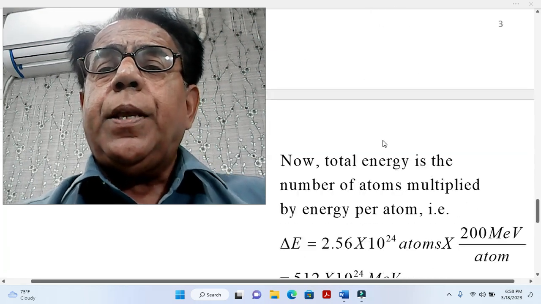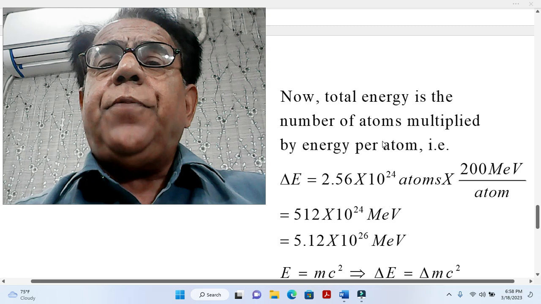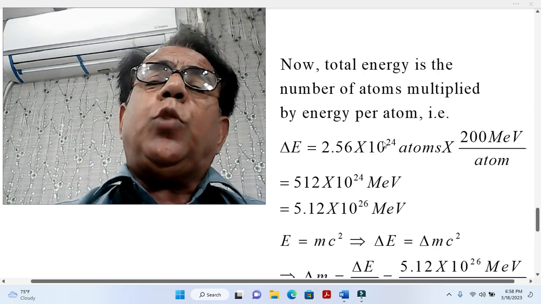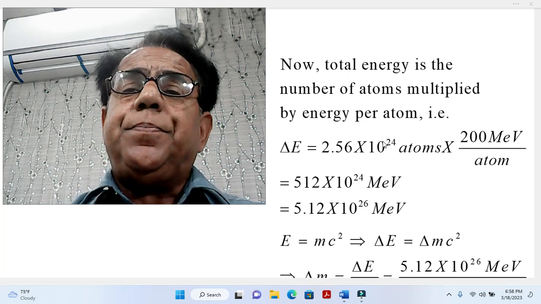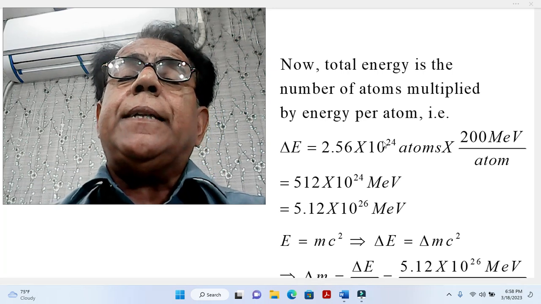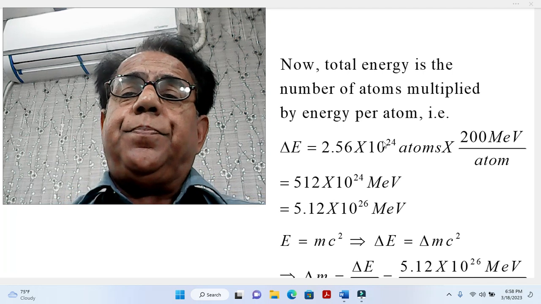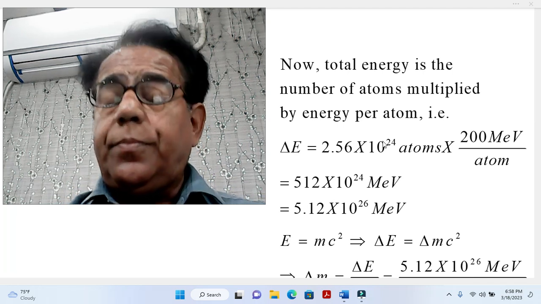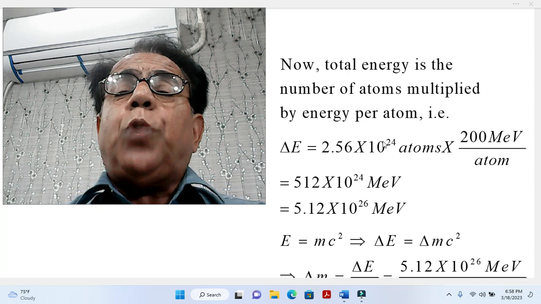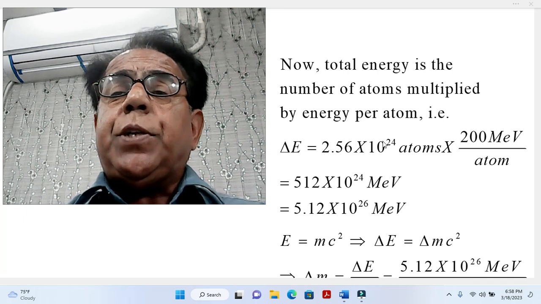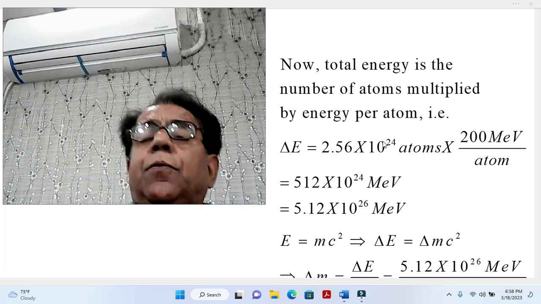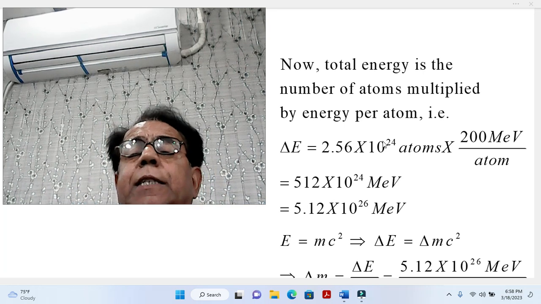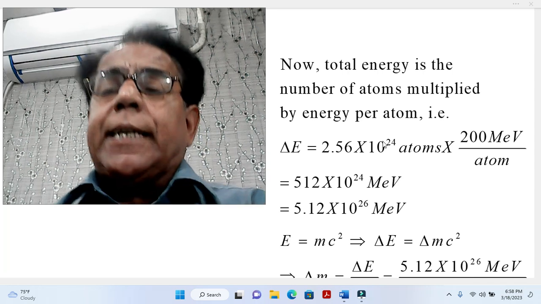Okay. Now we move to the next step of this problem. Now total energy is the number of atoms multiplied by energy per atom. That is, delta E is equal to 2.56 into 10 raised to the power 24 atoms multiplied by 200 million electron volt per atom. This is given in the statement.